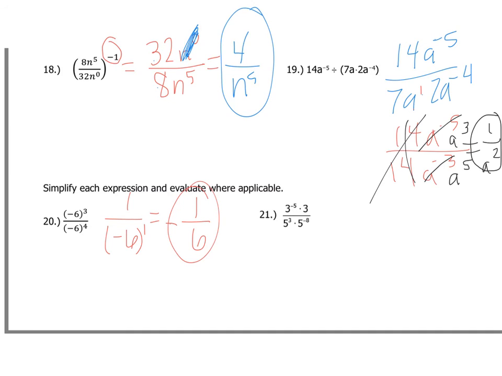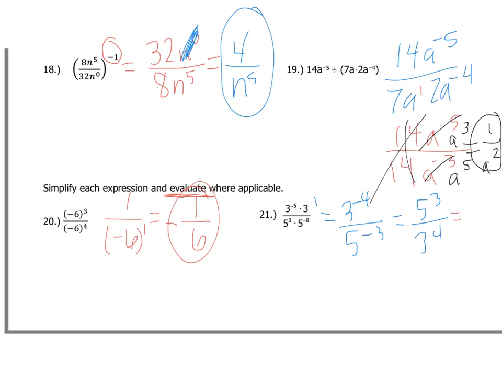The second one becomes 3 to the negative 4, because negative 5 and 1 makes negative 4, over 5 to the negative 3. To make these positive, we switch them, so it becomes 5 to the third, over 3 to the fourth, and then it used this word, evaluate. Evaluate means actually go through and multiply.